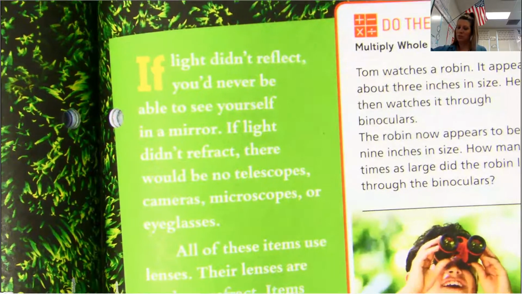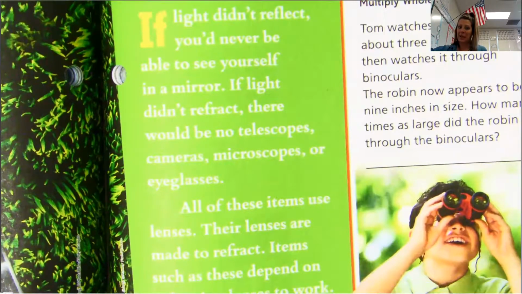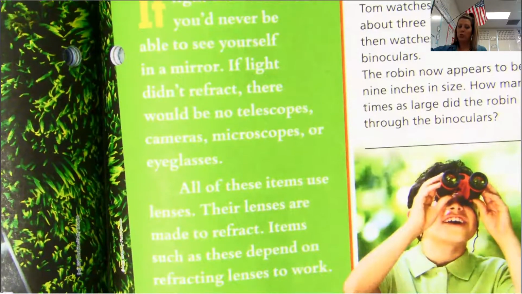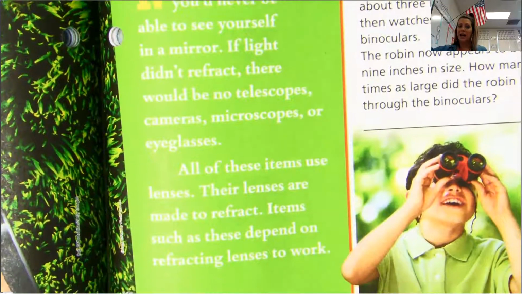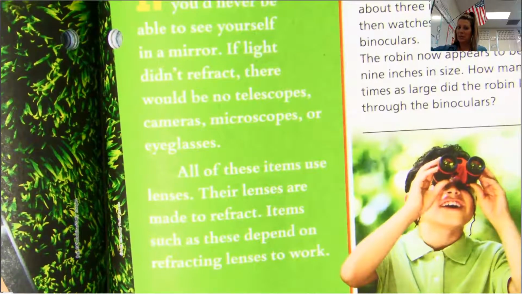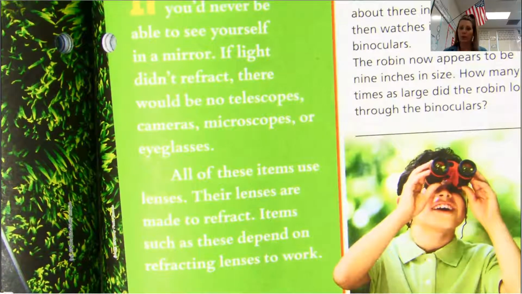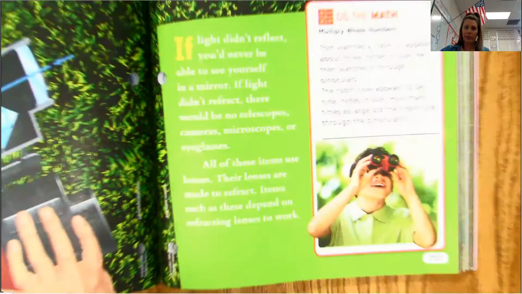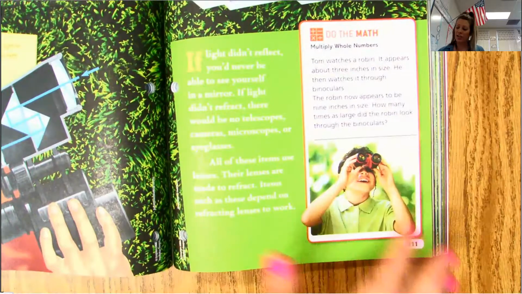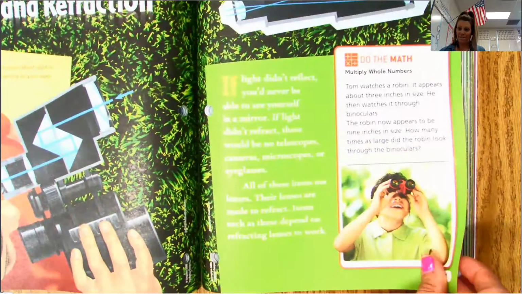All these items use lenses. These lenses are made to refract. Items such as these depend on refracting lenses to work. Okay, so that's just a little review of refraction and reflection.